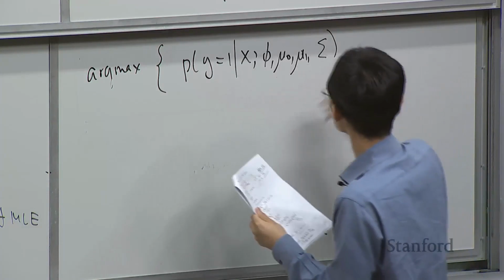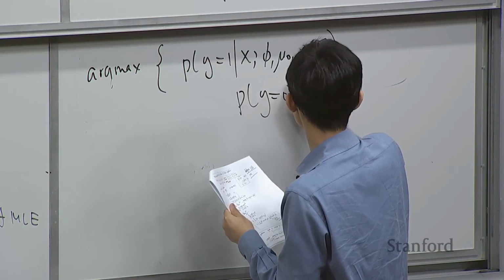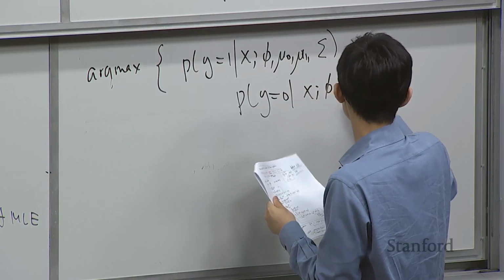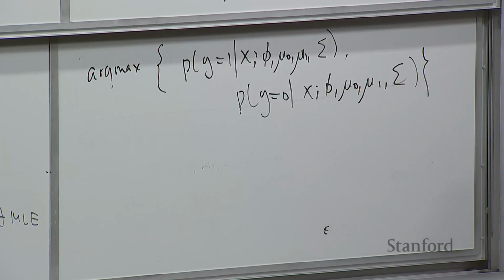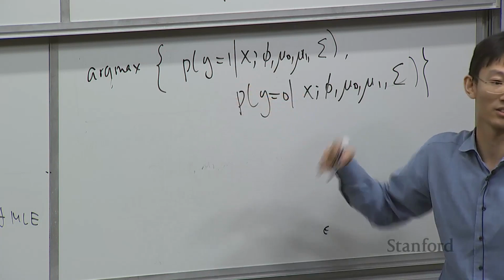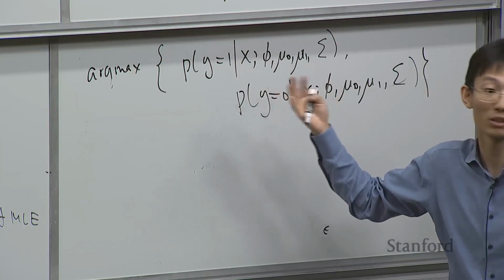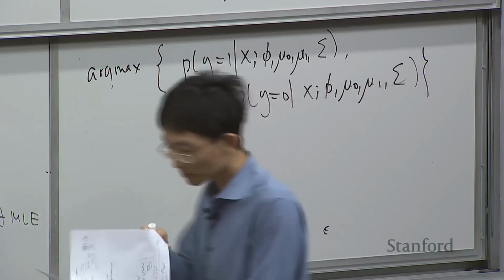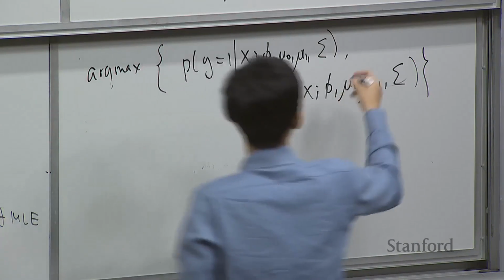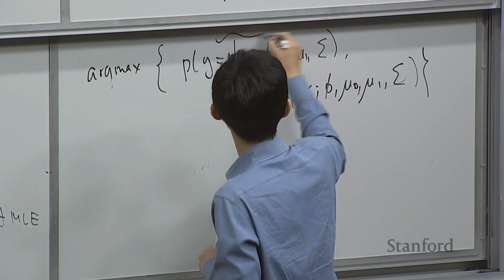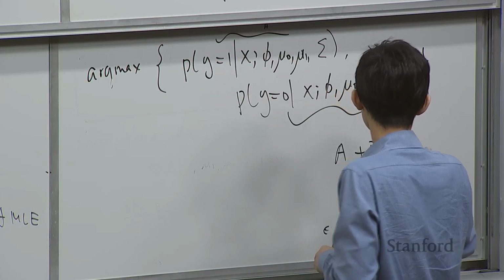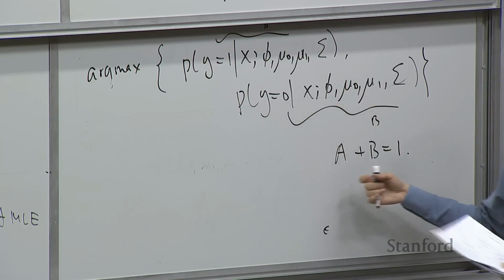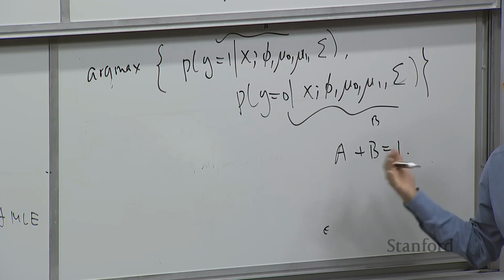They are both probabilities. I just care about these two scalars and which one is bigger. It turns out that their sum is 1, because given x, y can only be 0 or 1. So suppose you call this A and you call this B, then A plus B is equal to 1, and you care about whether A is bigger or B is bigger.